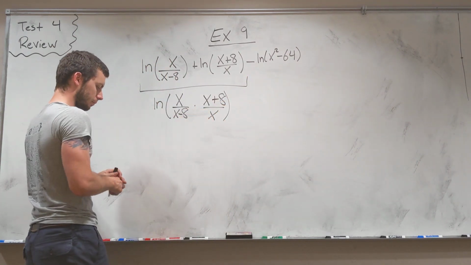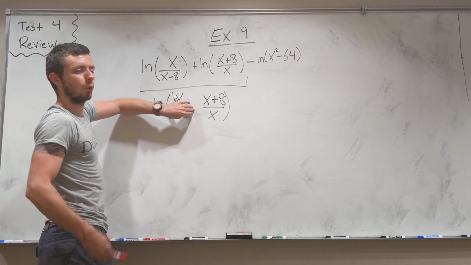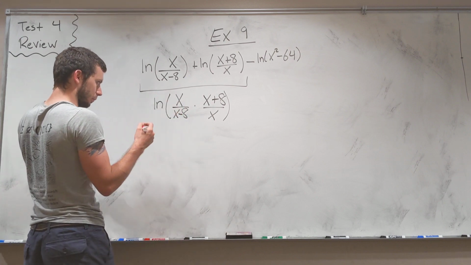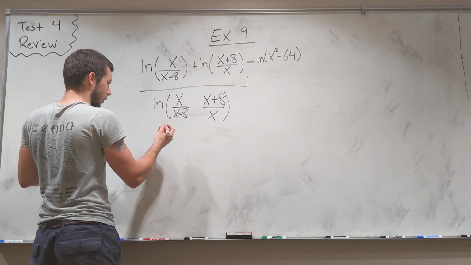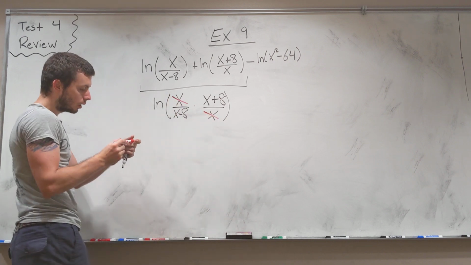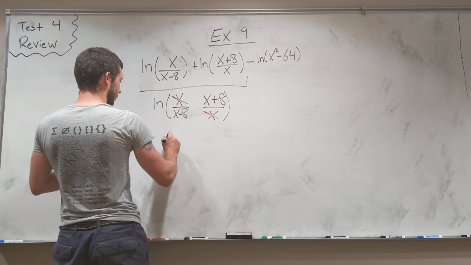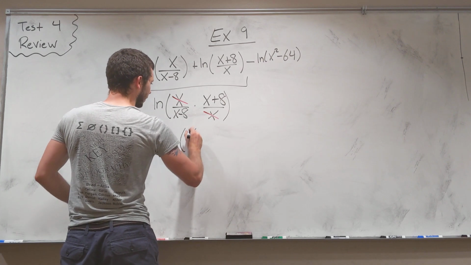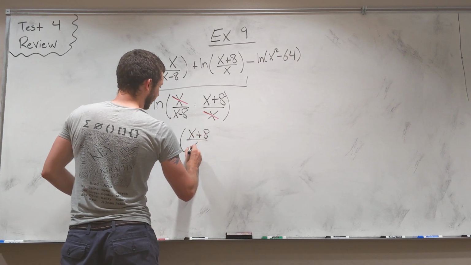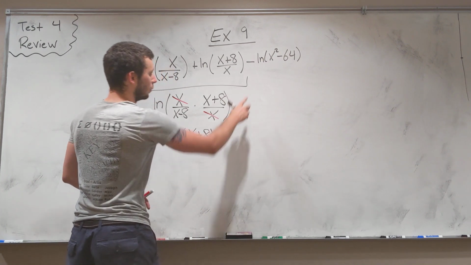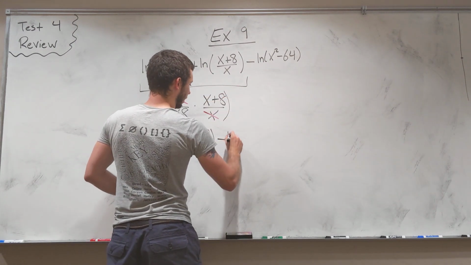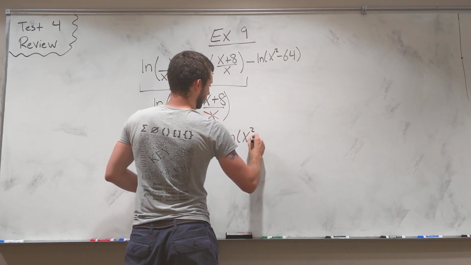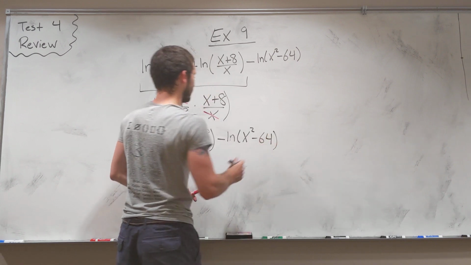But this product, once you organize everything as such, you should be able to observe that the x's cancel. And once you see that, then what we have is x plus 8 divided by x minus 8. And we'll go ahead and drop down this minus ln of x squared minus 64.